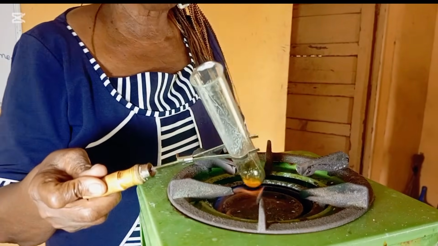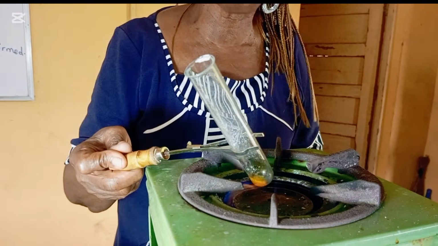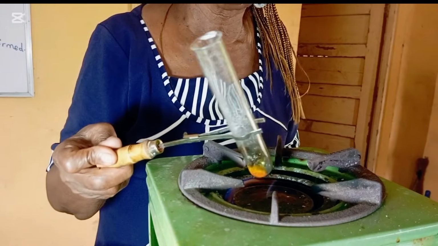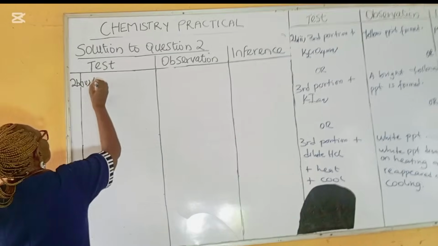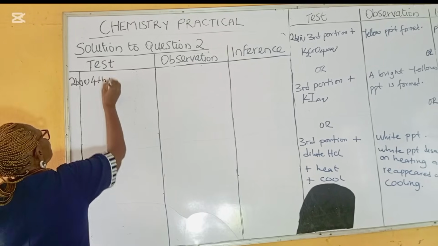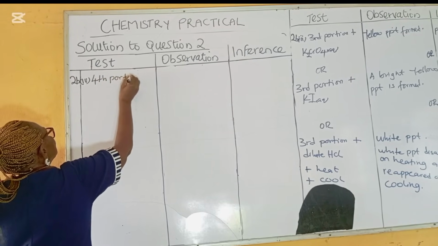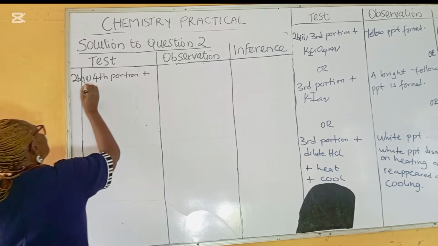Okay, can we do the last one, which is heating the other half of C? Maybe we'll observe it better. Fourth portion plus heat.